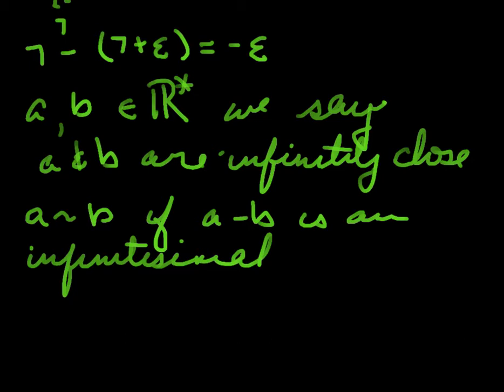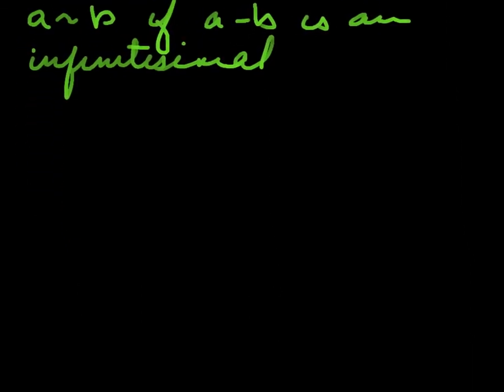Remember, the real numbers we can put on a line, and the hyperreals we can also stick on a line. So we have the real line as we're used to, and it goes on forever. And then we have all the infinite numbers, and down here we'll have the negative infinite numbers. So maybe right here is 0.